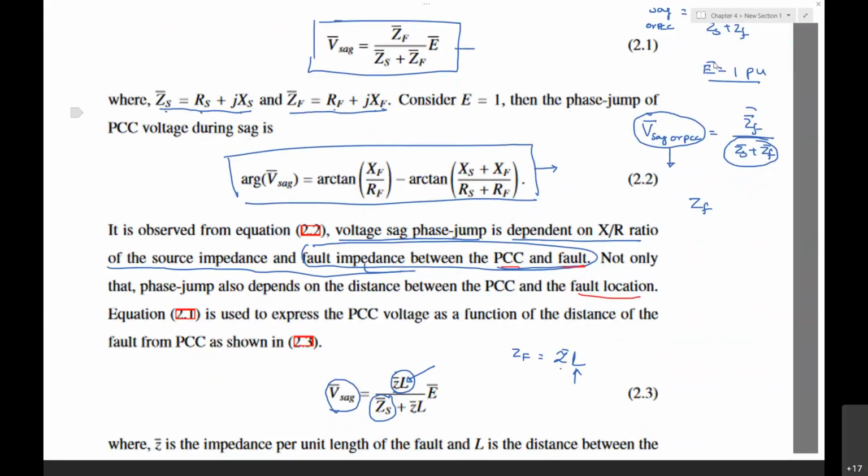One thing is, especially because of the X by R ratio, we will be having the phase shift in the voltage during the cycles.